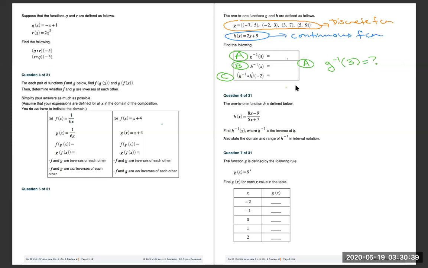So what we need to remember is that if we had our original function, G of X, the question mark and the 3 would switch. So for the function G of X, we have this point question mark, 3. For G inverse of X, the question mark and the 3 will switch.